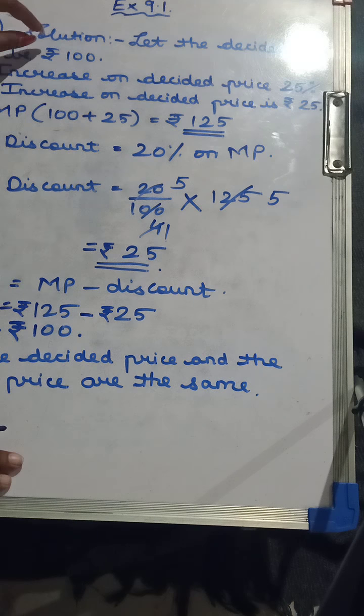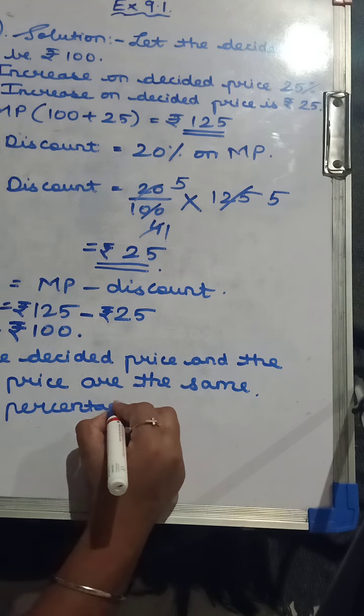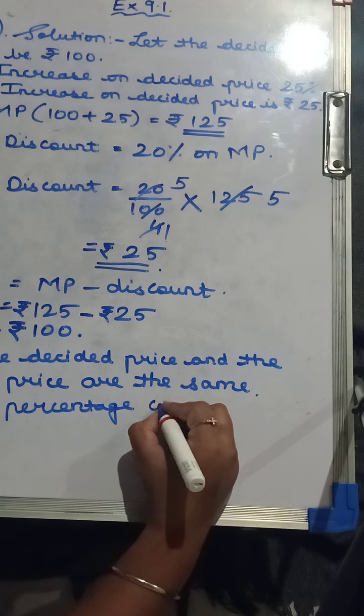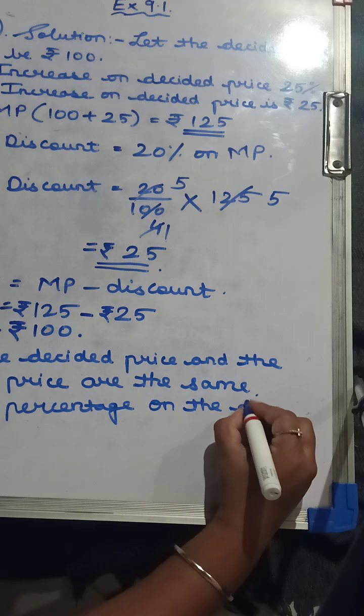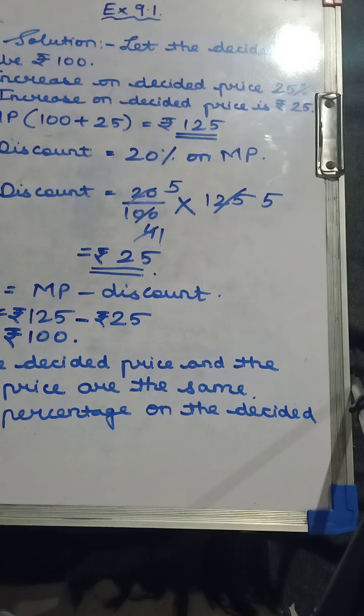Okay, so what was the decided price? It was 100, and what is the selling price here? What we are getting is again 100. So the decided price and the selling price are the same. Therefore the percentage on the decided price is 0.